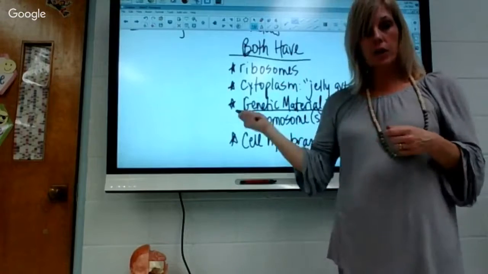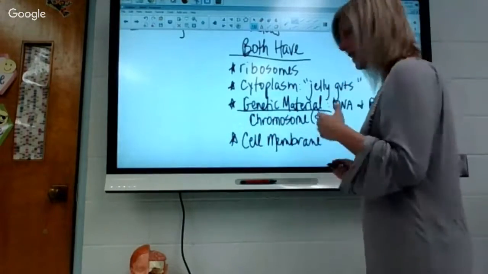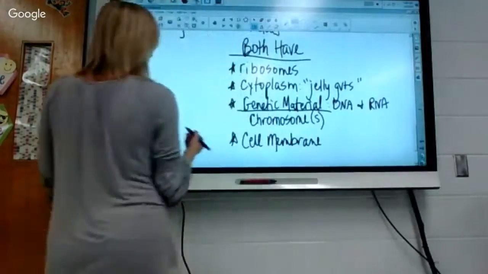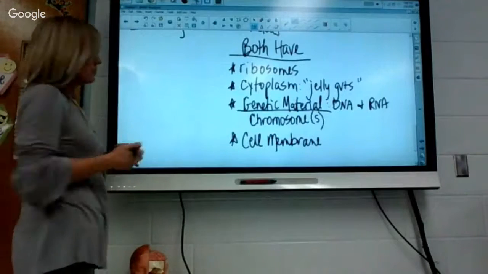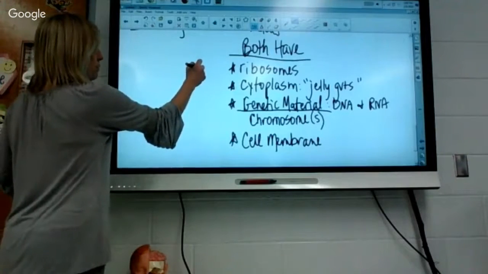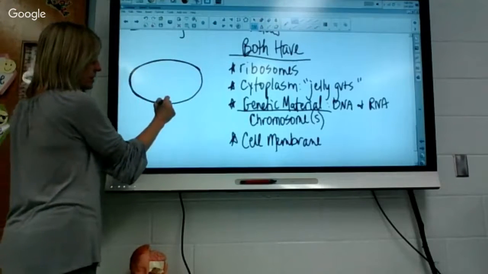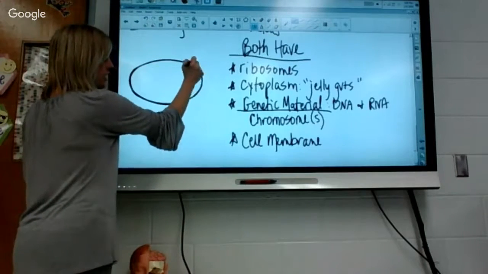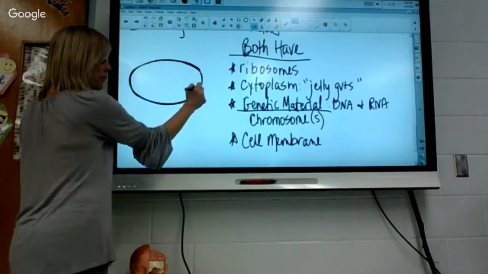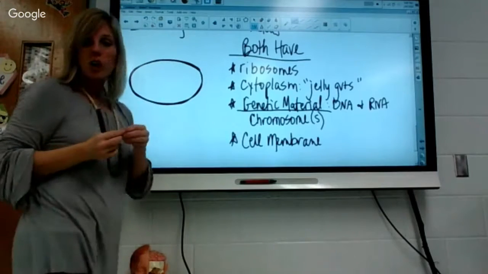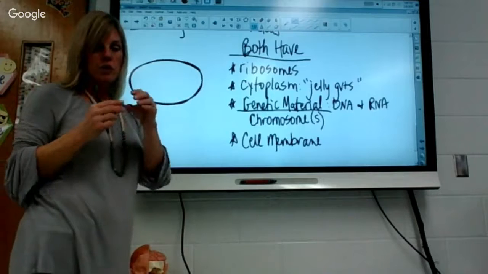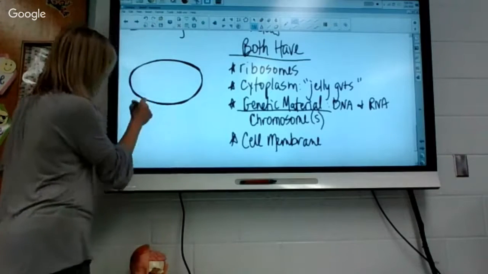And that's what you're going to use as a guide to make your models today. Okay, so the first thing that we're going to do is make a cell wall, and I'm going to draw the bacillus bacterium. So the cell wall is thick. It's harder. So when you choose your materials, you're going to choose something that's harder.